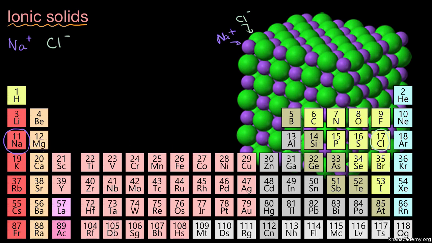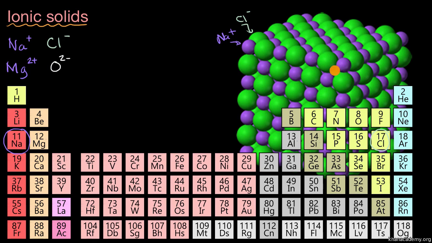Well, in that situation, each magnesium might lose 2 electrons, so they become an ion with a positive 2 charge, and each of the oxygens would gain 2 electrons, so then they are anions with a negative 2 charge. And then these characters, once again, are going to be attracted to each other and form an ionic solid in a regular lattice structure like this.